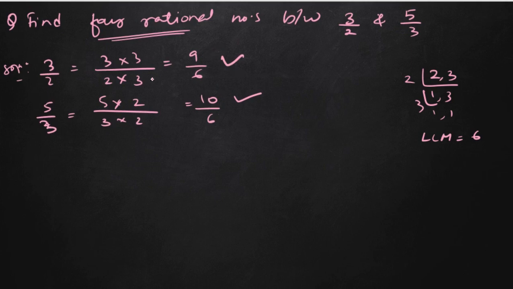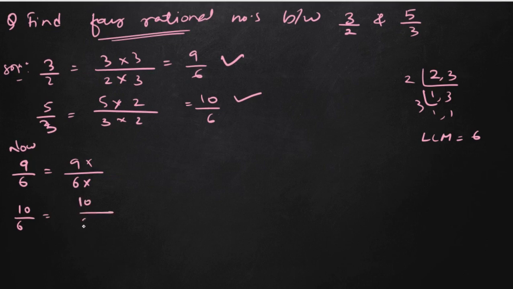Then only we will get exactly 4 rational numbers. So 9 by 6 and again 10 by 6 also, we will multiply by 5. Just one greater.